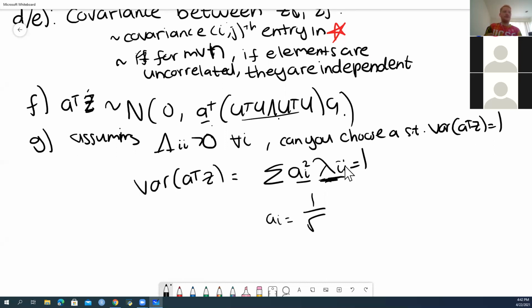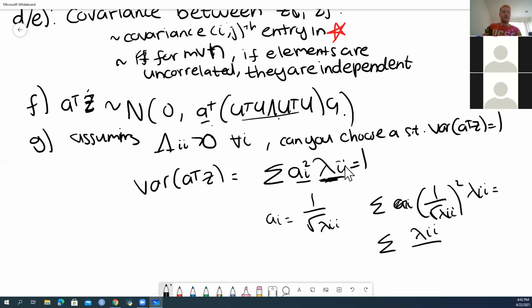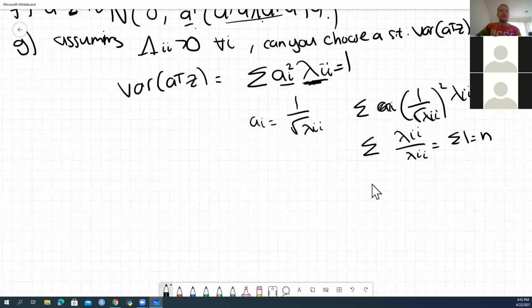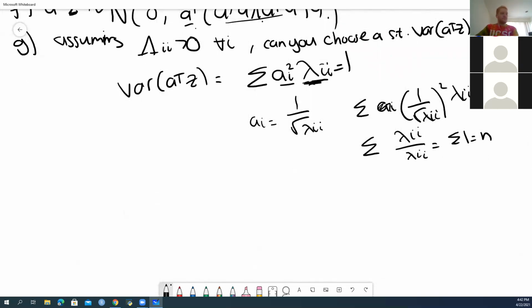So AI is equal to 1 over root lambda I, and that would give you the sum of 1 over root lambda I, squared, times lambda I, which is the sum of lambda I over lambda I, which is the sum of 1, which would equal n. Then you can adjust it so that it's not n anymore, it's 1, or you can do it different ways. There's not one specific answer for this. So hopefully that gets an idea in your head at least a little bit.